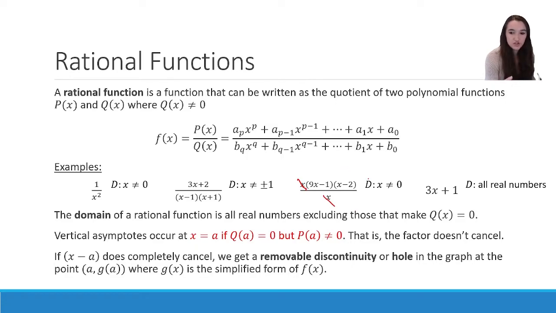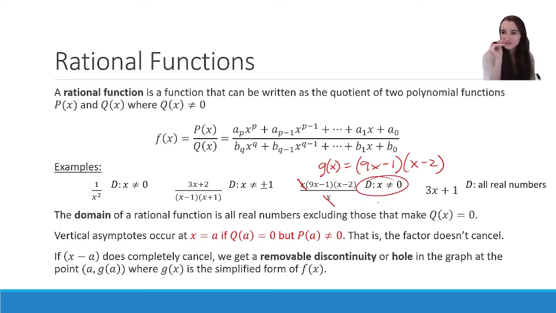So my g of x would be 9x minus 1 times x minus 2. Okay, that's the simplified form, but I still have to keep the same domain. So I still have to note that there's this point that's just going to be missing. There's this hole in the graph.